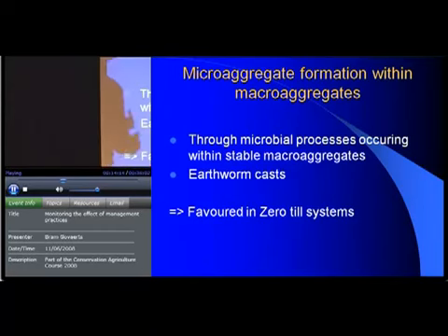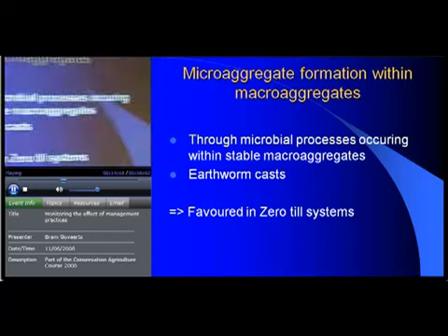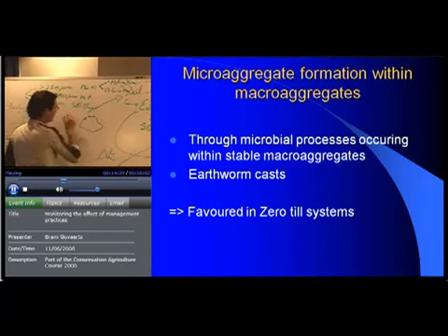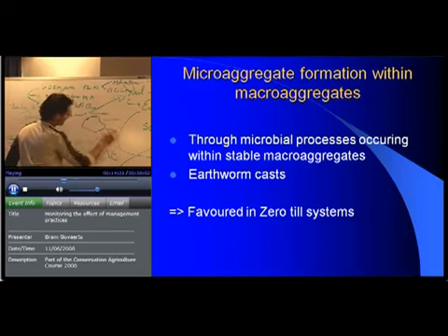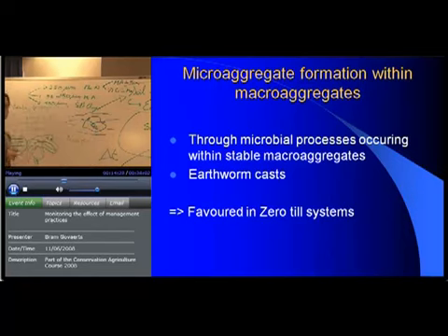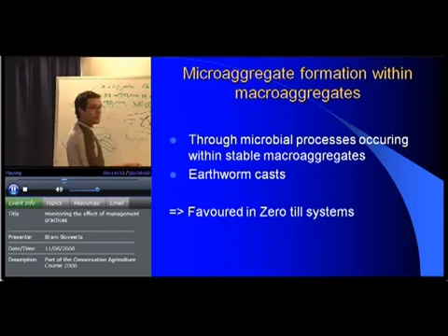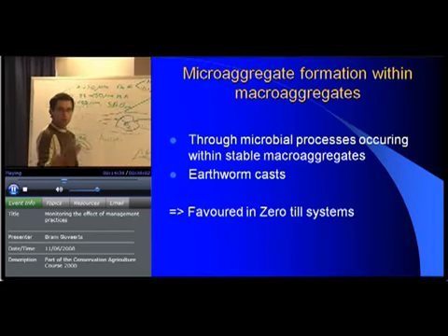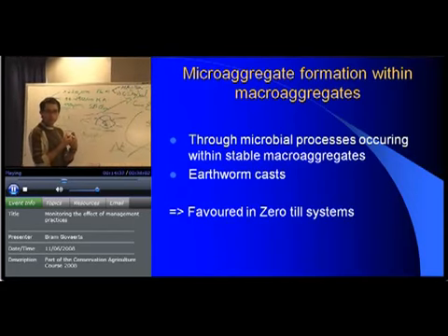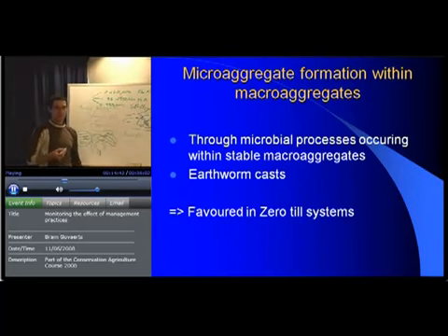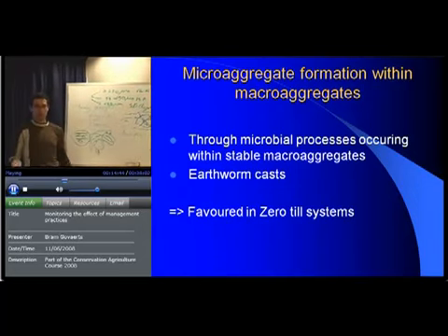Because basically, when you have a macro aggregate, and it rains a lot, so it's standing in the water, there will be pressure from inside because there's air trapped within the macro aggregate, right? If that air trapped within the macro aggregate is stronger than the ties that keep it together, this one will disintegrate, right? And what will happen is you will have crust formation.